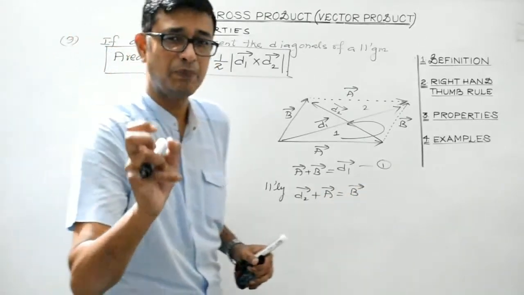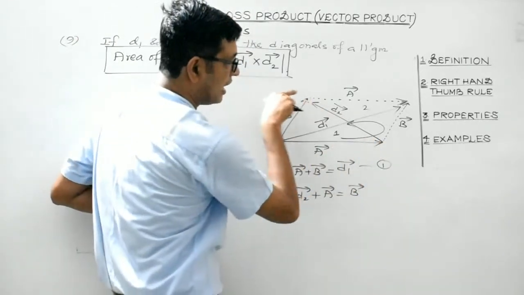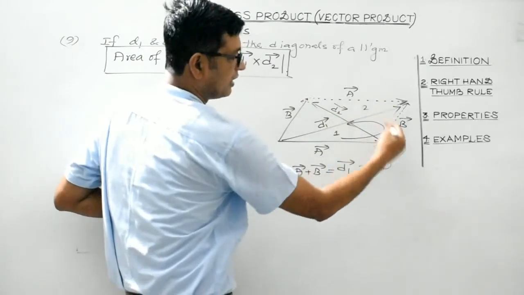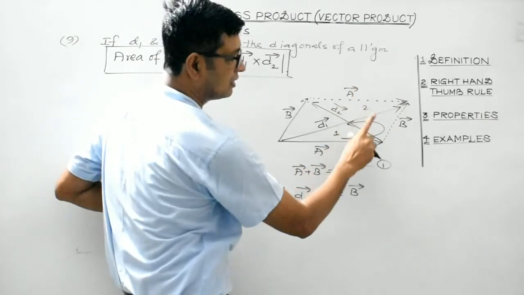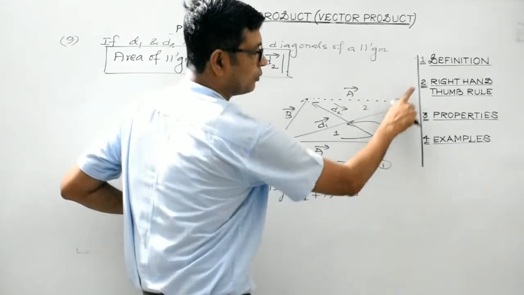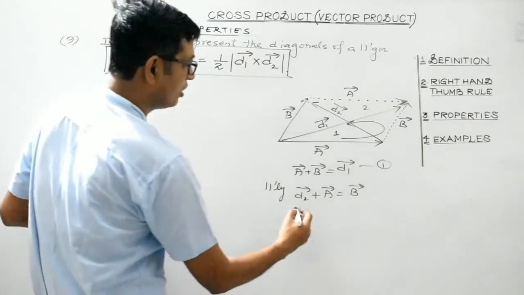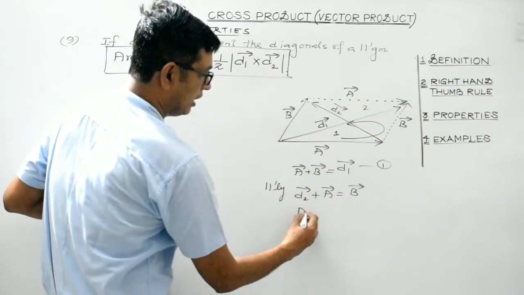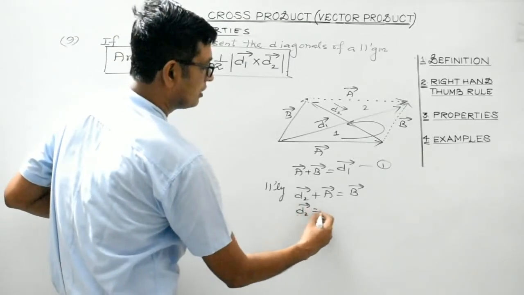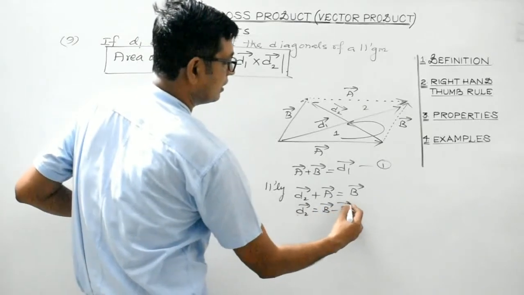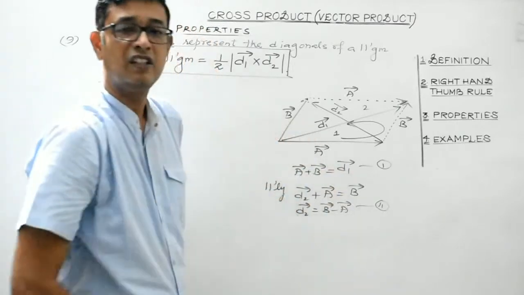Look students, I am simply applying triangle law of vector addition. These are the two sides of the triangle taken in the same order, in the clockwise. So their resultant will be given by the closing side of the triangle taken in the opposite order. So d2 vector plus a vector is equal to b vector, or you can write d2 vector is equal to b vector minus a vector. Clear students? So we obtained both d1 vector as well as d2 vector.